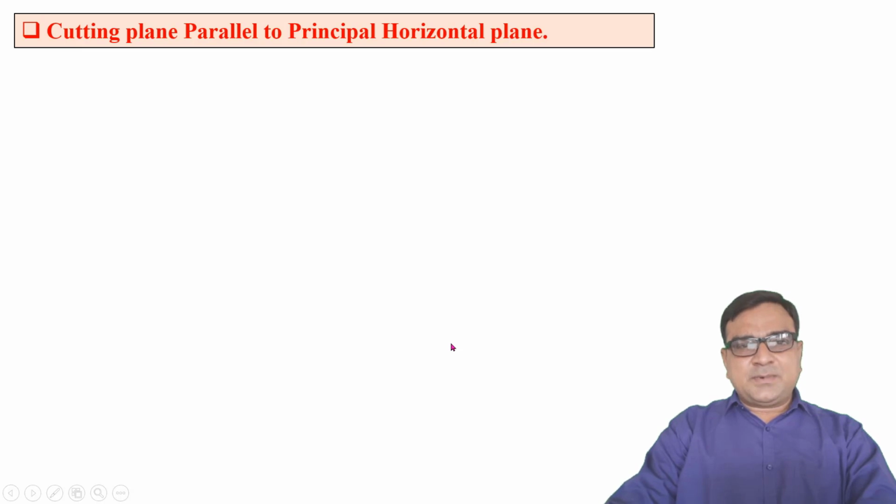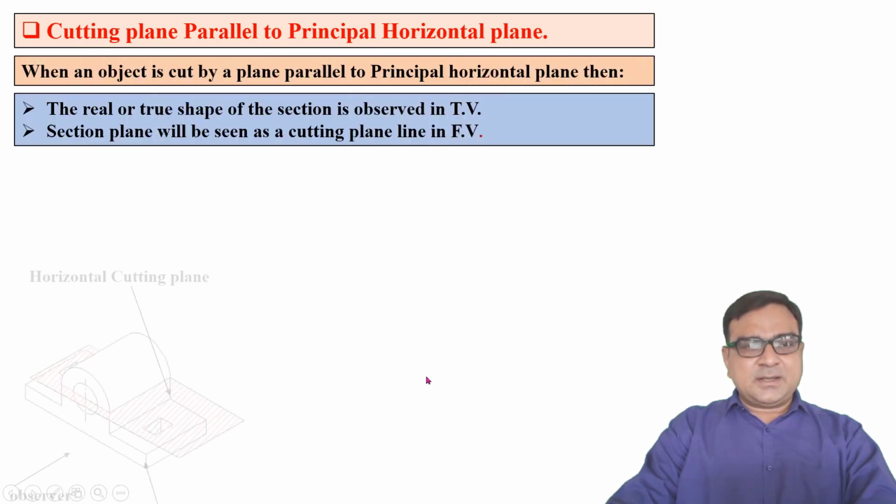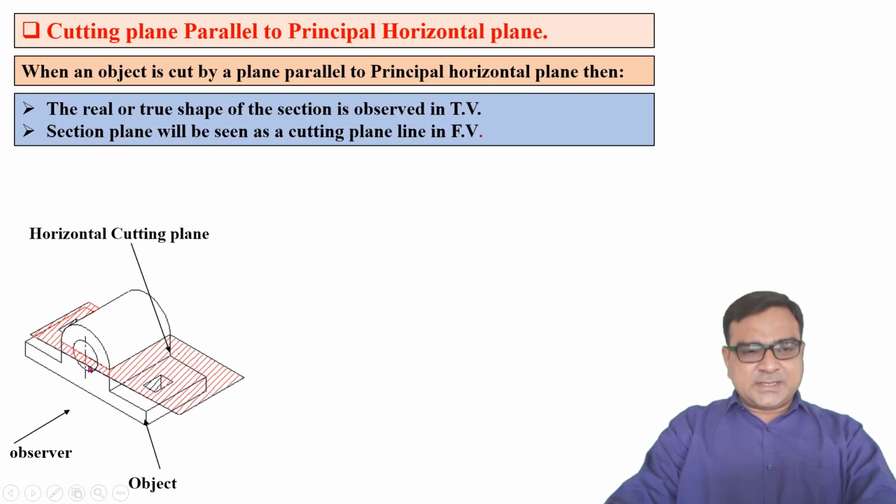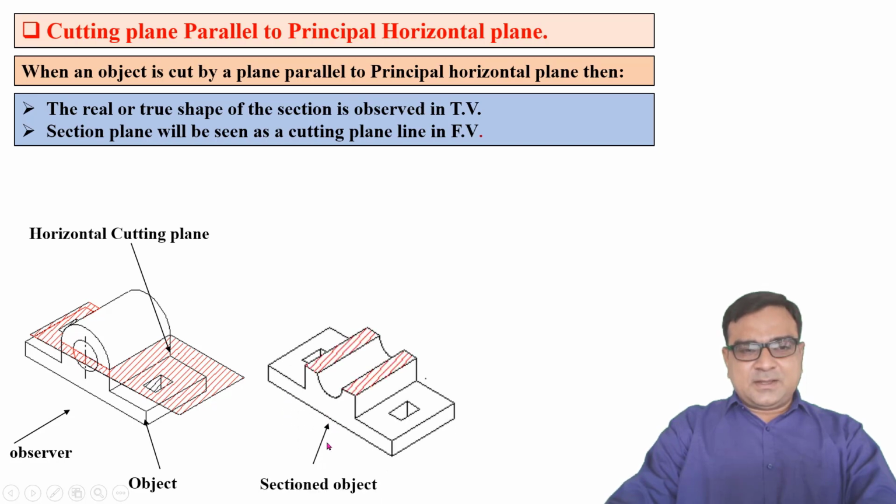Now another example for a horizontal cutting plane, in which the object is cut by a horizontal cutting plane passing through the center of this circle, and we remove the top portion above the cutting plane.